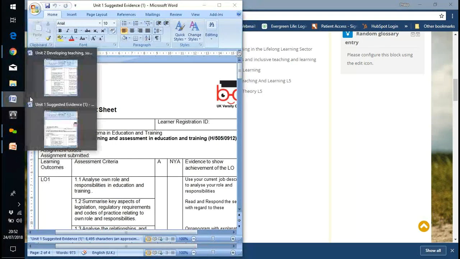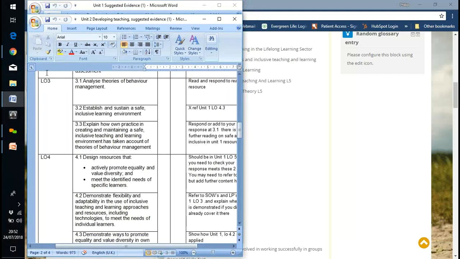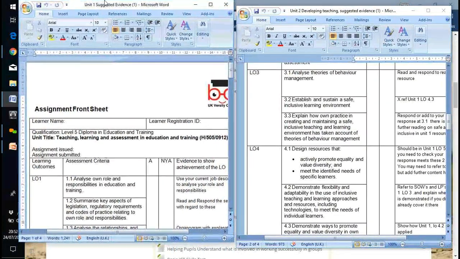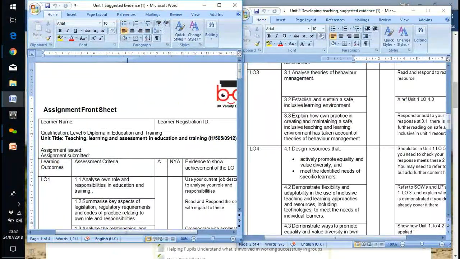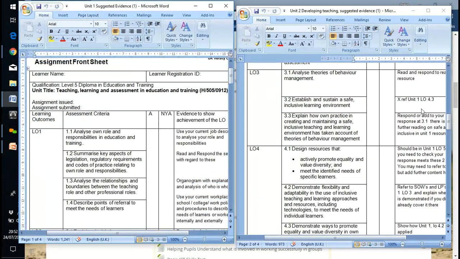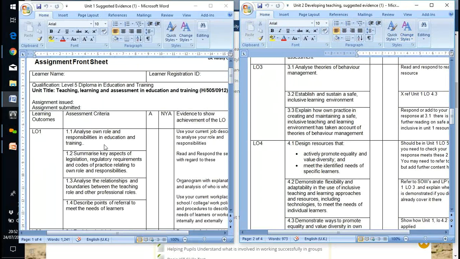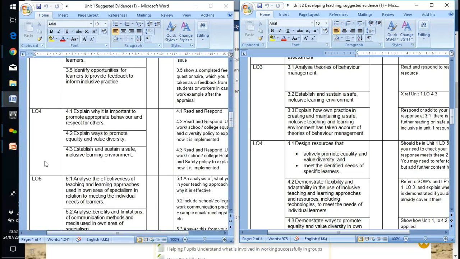So if we look at LO1, what did I say it was? 4.3. Establish and sustain a safe, inclusive learning environment.